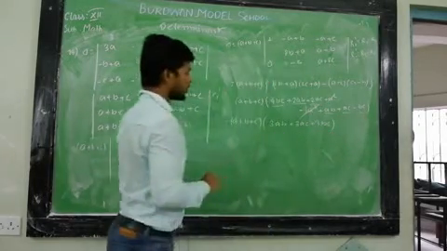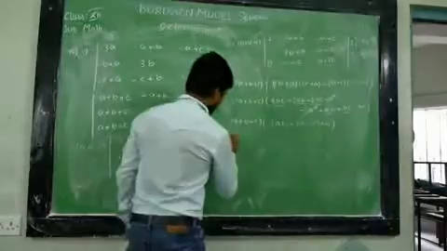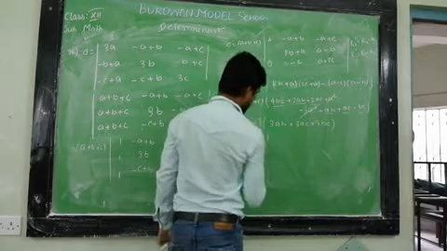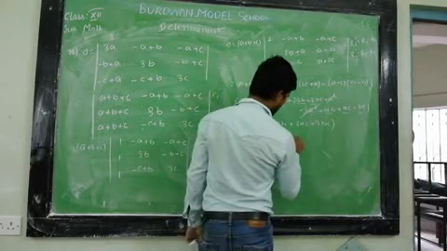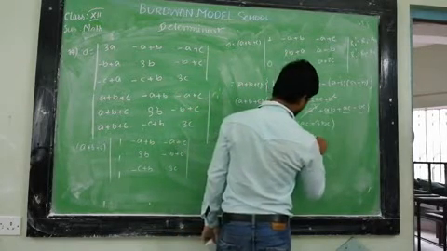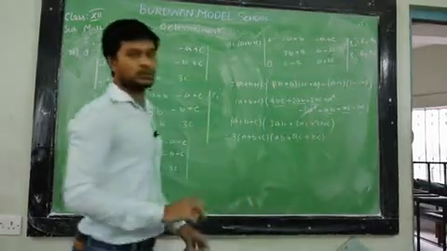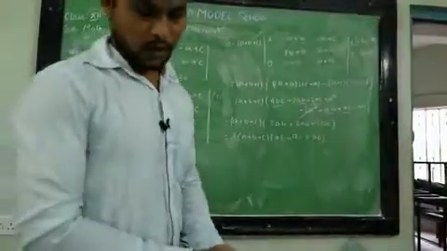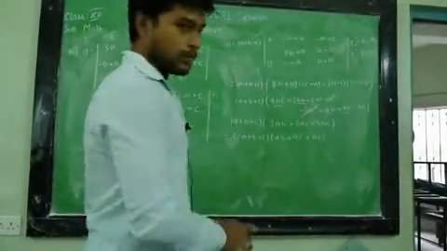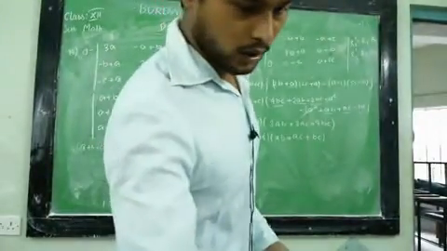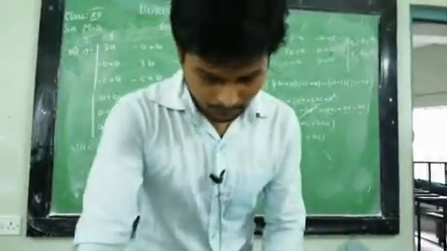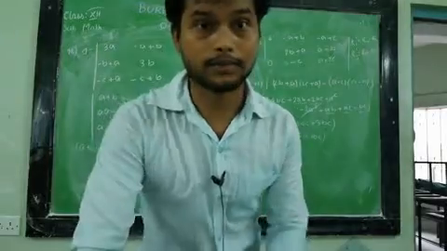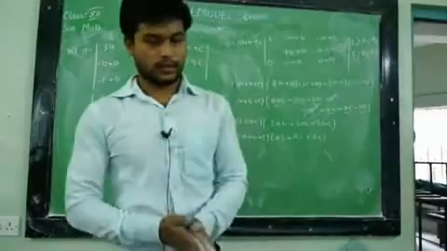So if we take 3 common from this bracket, we have 3 into a plus b plus c into ab plus ac plus bc, and hence proved. Okay, so up to question number 13 we have done today, and in the next class we'll solve the remaining problems. Okay, thank you.